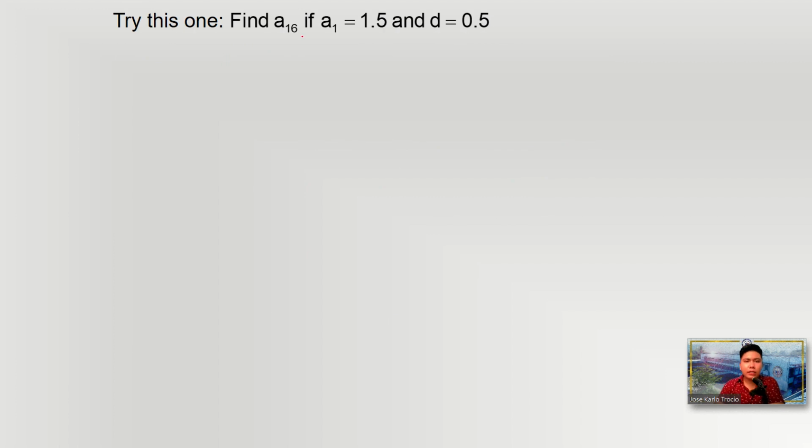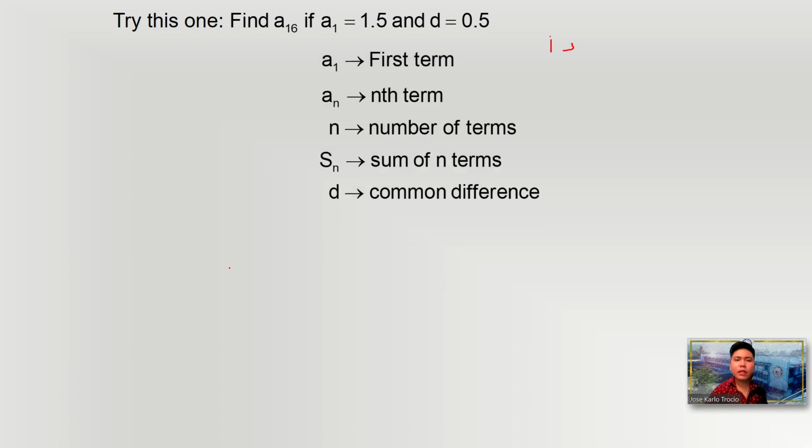Okay, another example. Find a sub 16. Therefore, there are 16 terms, from 1 to 16. The first term is 1.5. So 1.5 is the first term. Let us just type it in here.